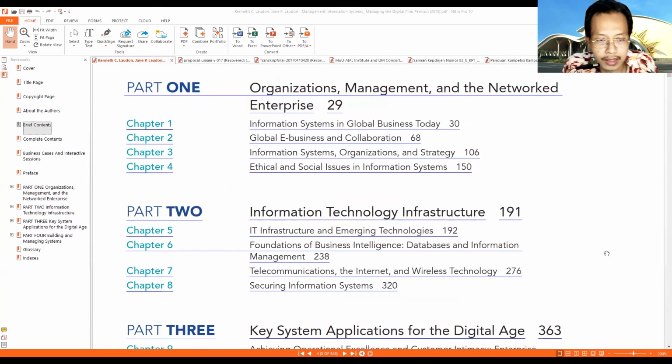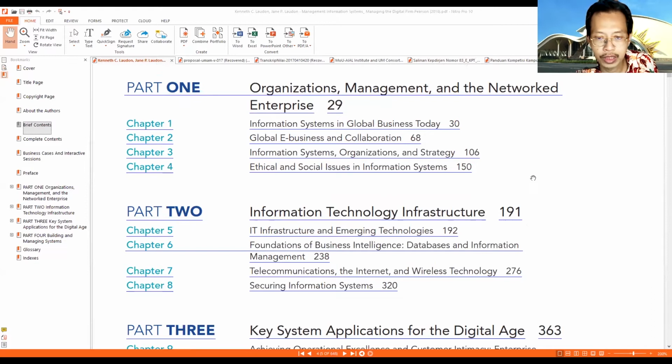You can see here the book, and also our course, because the course is based mainly on this book, has 4 parts in it. Part 1 is about organizations, management, and the networked enterprise.